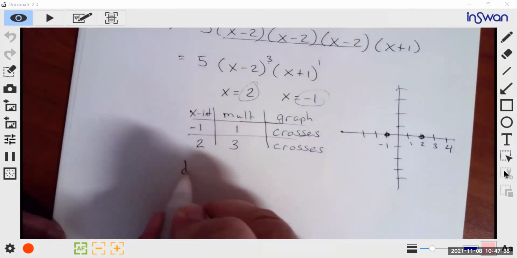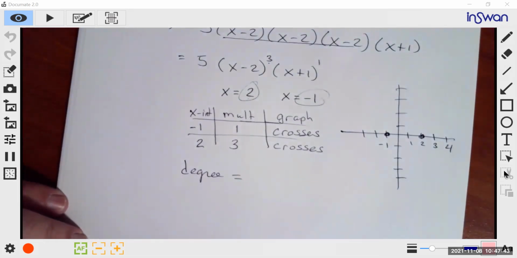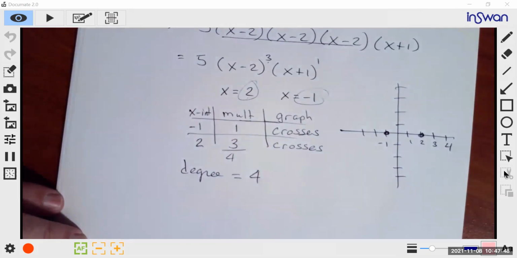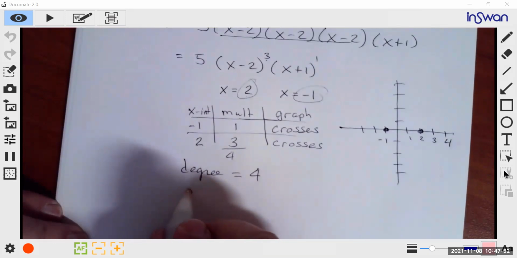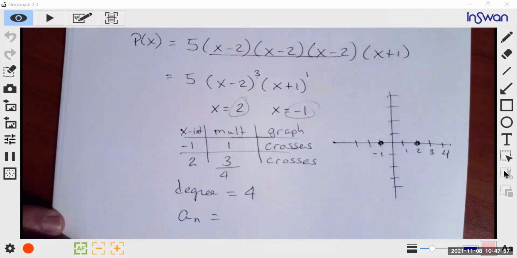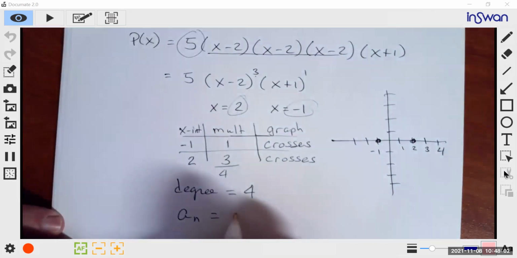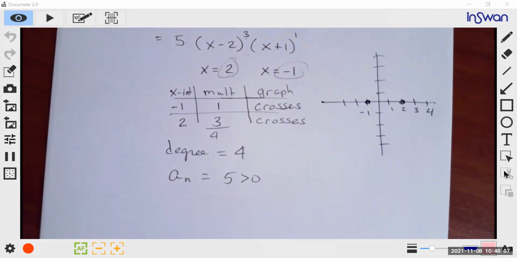What's the degree of a polynomial? Yep, because if we add the multiplicities, we have the degree. What's our leading coefficient? Five, yeah. Whatever's out front. It's positive. So what's our graph going to look like? The degree is 4. And the leading coefficient is positive.